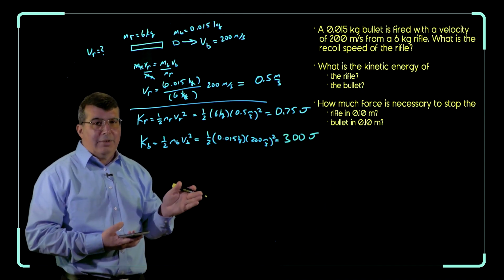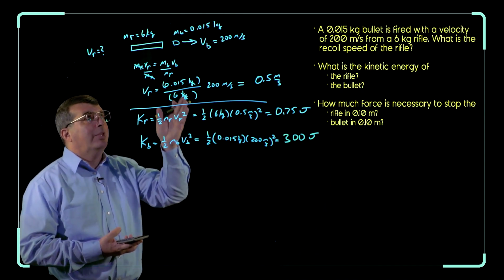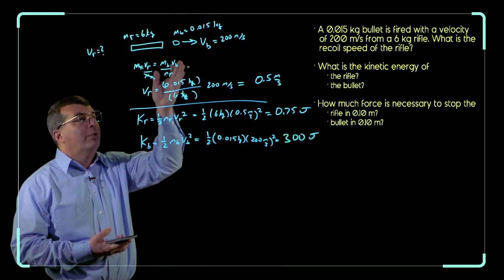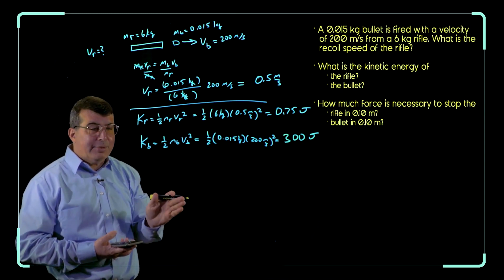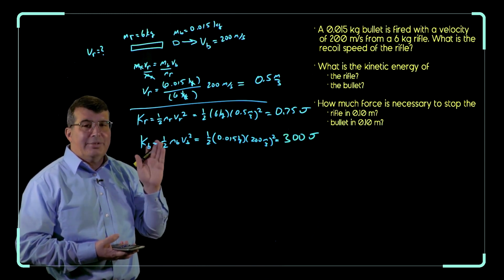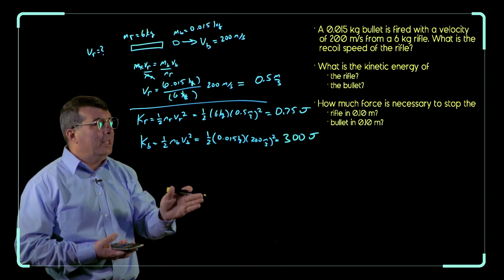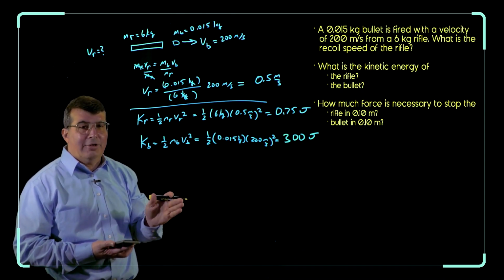So what you see here is that while the rifle and the bullet have the same momentum, the bullet has many times more kinetic energy.